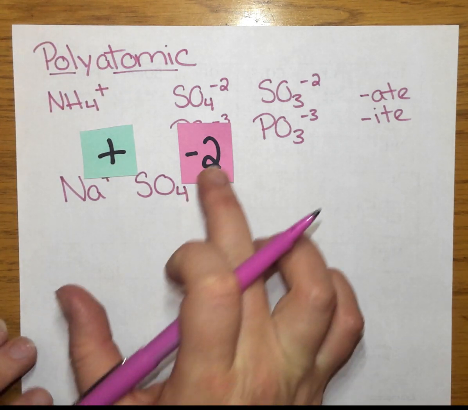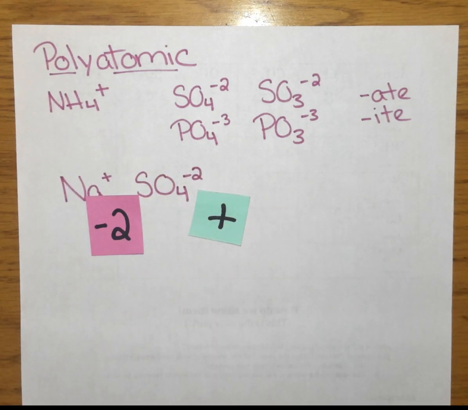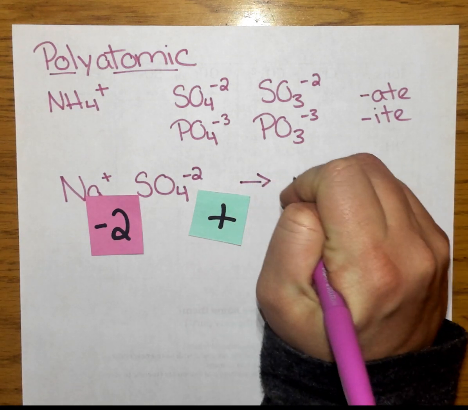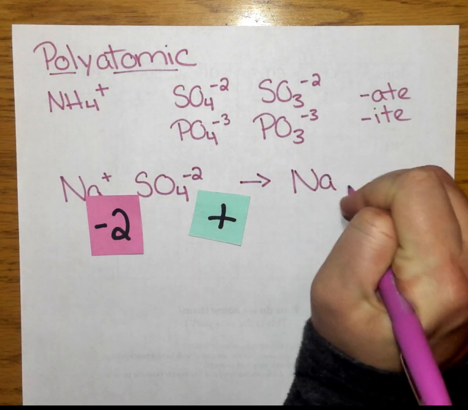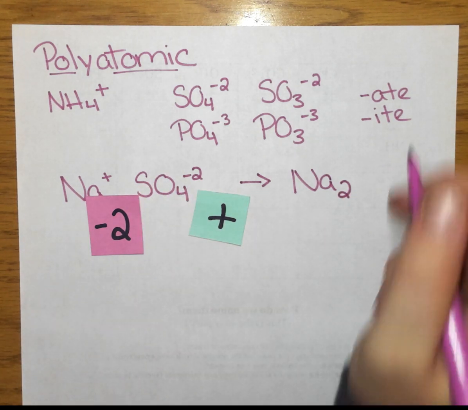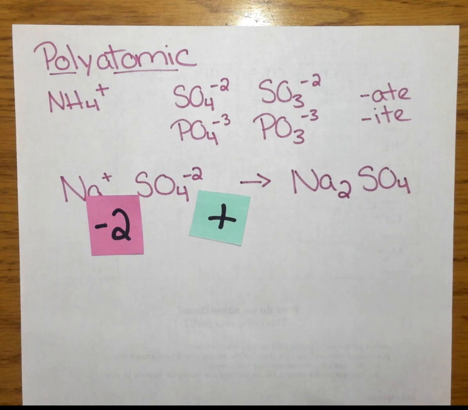I'm going to bring this 2 down, I'm going to bring this +1 down, and when you combine these two things, I just end up with Na2, and there's going to be 1 SO4. So I don't need to do anything different. I don't need to put a 1, no need to mess it up. We're just going to leave it all together.